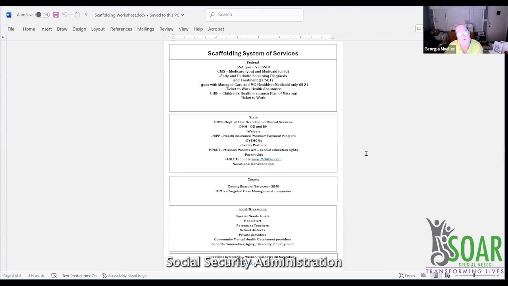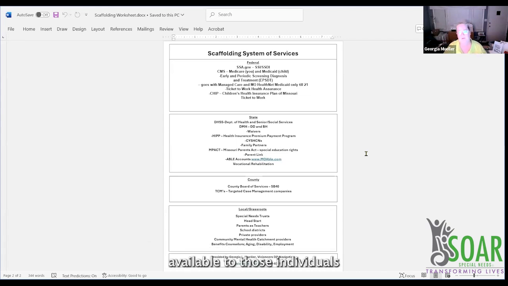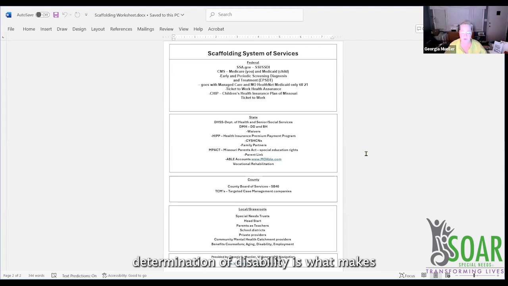Let's see here. Social Security Administration is connected to Ticket to Work health assurance, by example. A lot of people don't understand that Social Security Administration is a lot of what makes Medicaid available to those individuals when there is a disability involved, because the Social Security determination of disability is what makes that version of Medicaid available.